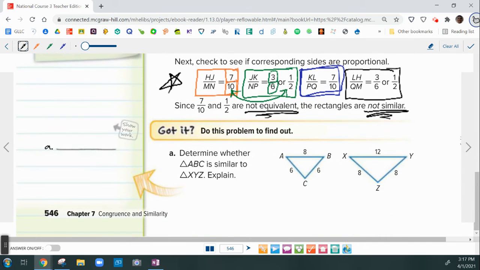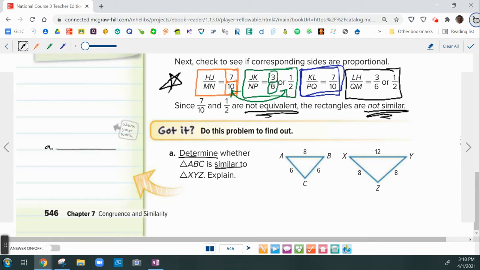So now you try it on your own. Go ahead and pause. Test the ratios of corresponding side lengths to see if these are similar shapes. Determine, this is this type of problem, if they're similar. Well, with the angles, we can kind of eyeball it and say it looks like they're the same.